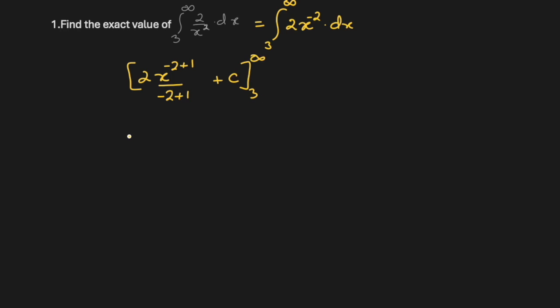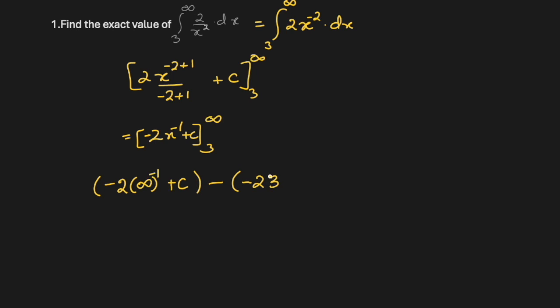So what do we get? 2x to the power minus 1 divided by minus 1. So in place of dividing by minus 1 I'll just write minus here. 3 to infinity, and now I will substitute infinity and 3 here, plus c also. So minus 2 infinity to the power minus 1 plus c, minus 2 times 3 to the power minus 1 plus c.